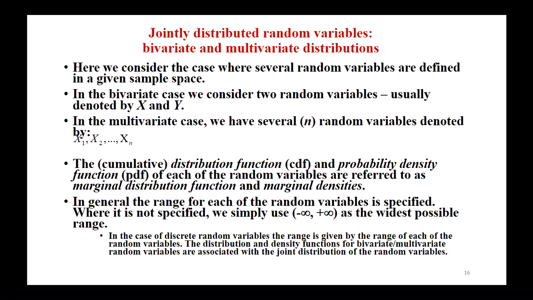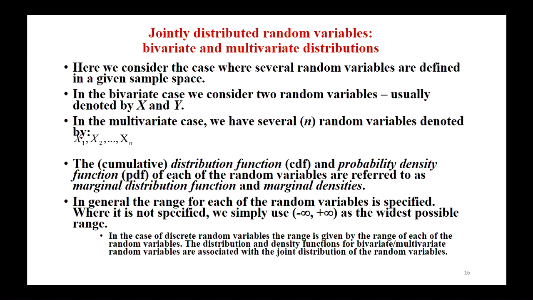Let us now consider jointly distributed random variables. Up to this point we had a sample space with one random variable. Now we're going to have more than one. We're going to have two for most of the rest of the lecture. Sometimes I'll tell you what the generalization is when we go to n.